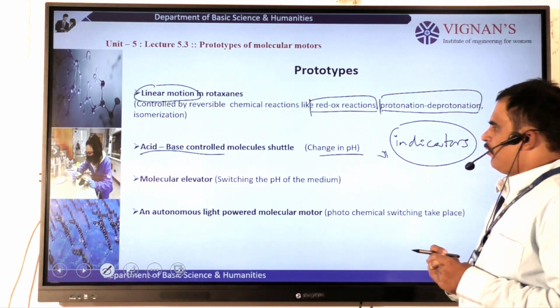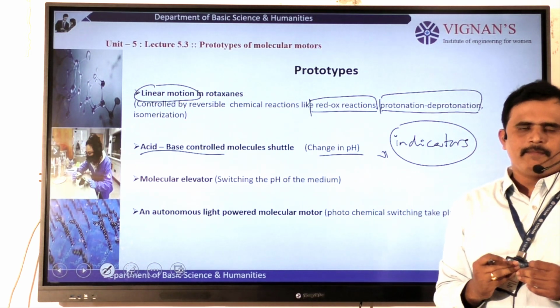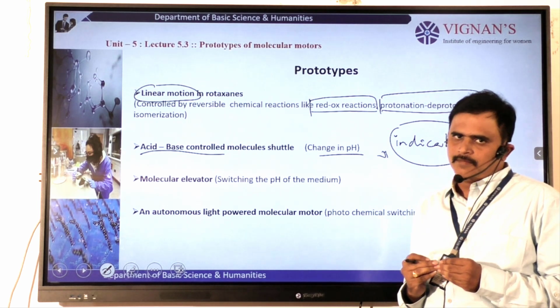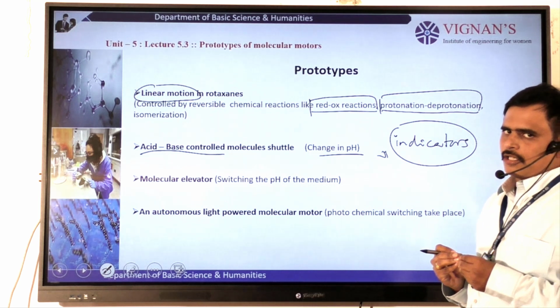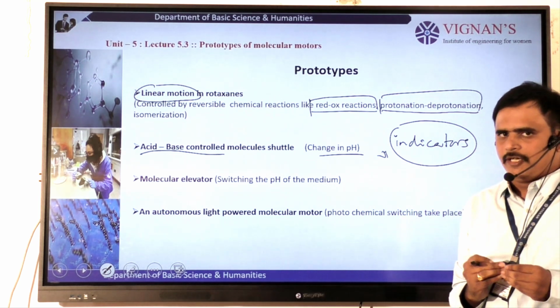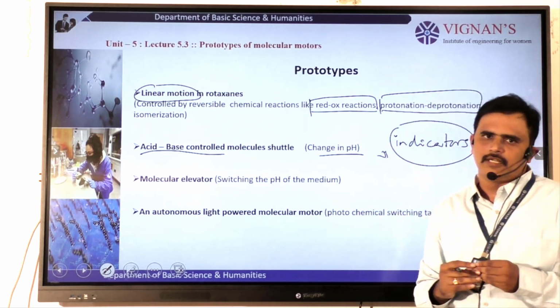For example, phenolphthalein is colorless in acidic medium, but shows pink color in basic medium. So phenolphthalein is a molecular motor in pH medium, and an example of an acid-base controlled molecular shuttle.